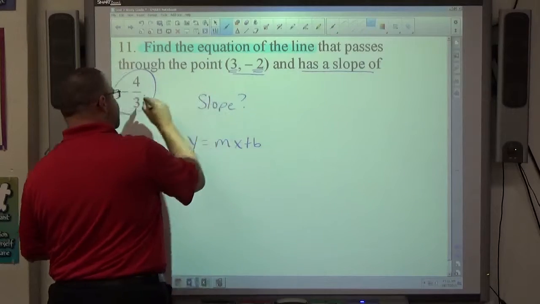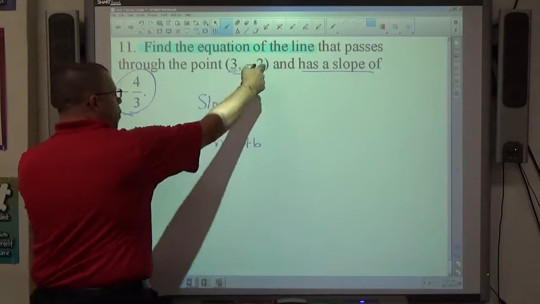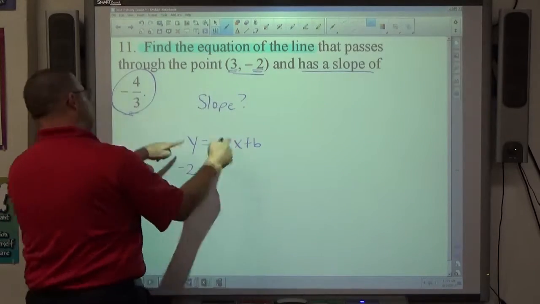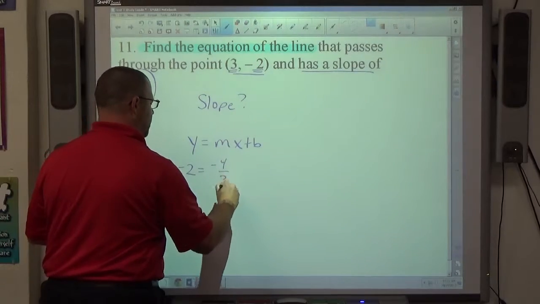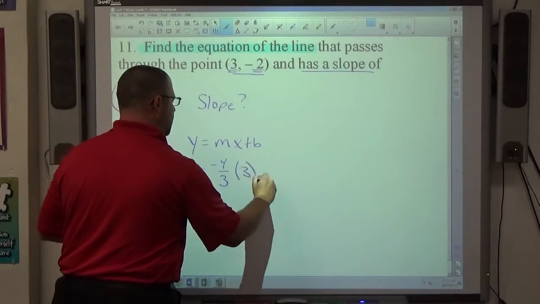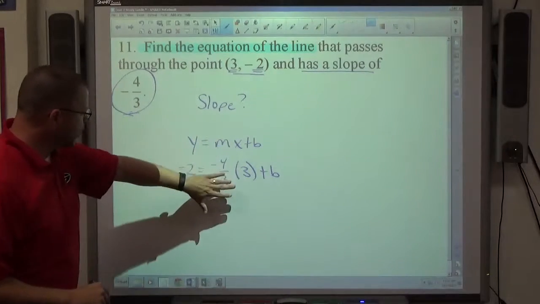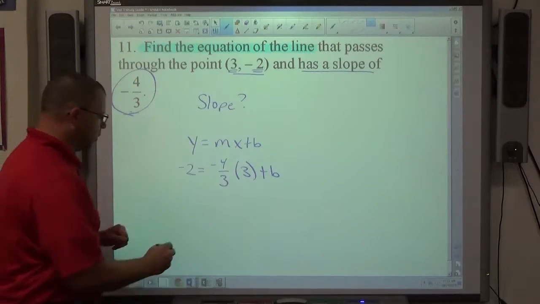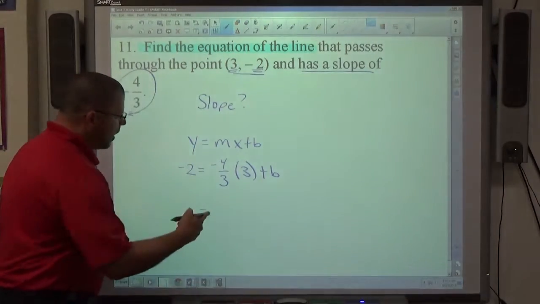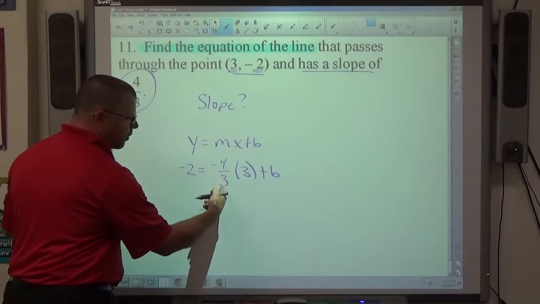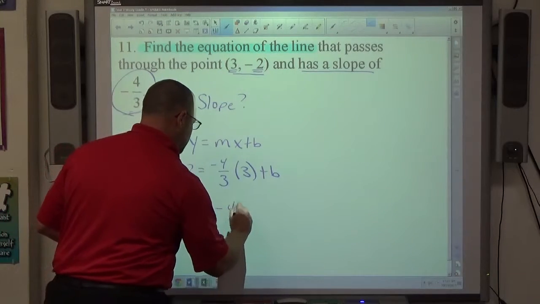Y, x, m. So y, negative 2, equals m, negative 4/3, times x, positive 3, plus b. Okay, and I've always told you evaluate the fraction part first. Leave this over here as is. 3 divided by 3 is 1 times negative 4 is negative 4.